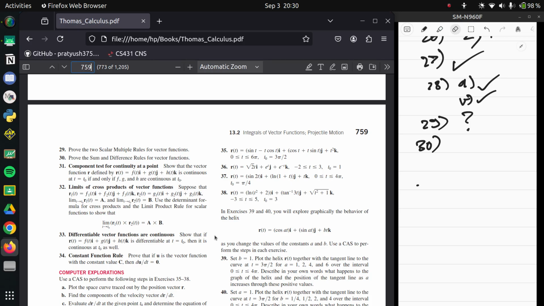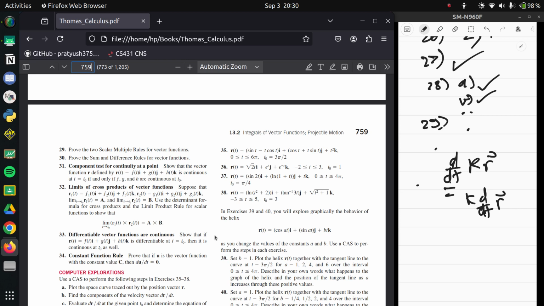So I think in 29 what they want me to do is just prove that d by dt of k, some constant, times r vector is equal to k d by dt of r vector, which is obvious, I suppose. For any sort of multiplication this would be obvious, right? It just happens to be a scalar vector multiplication.